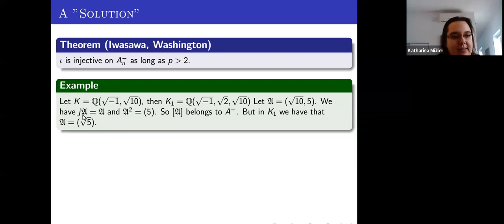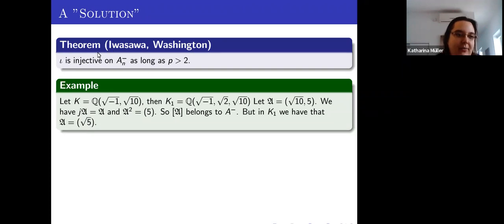And we easily see that if I act with complex conjugation on A, I get back the same ideal, because both generators are real, and A squared is the principal ideal generated by 5. So the ideal class of A belongs indeed to A^-. But if I lift this ideal to K_1, these two elements, the square root of 10 and 5, have a common divisor, which is the square root of 5. So this is indeed a capitulated class which lies in the kernel of iota.